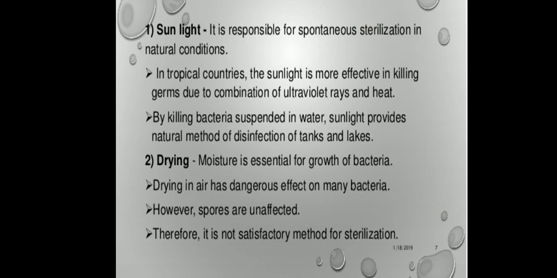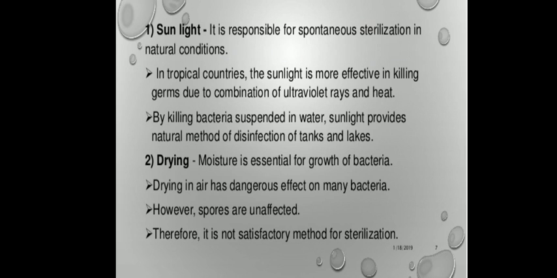First one is sunlight. It is responsible for spontaneous generation in the natural condition. In natural condition, as ultraviolet rays and heat are released from the sun, sunlight can be used to kill the bacteria or harmful microorganisms present in water or in the natural environment, so that it will be safer for use.